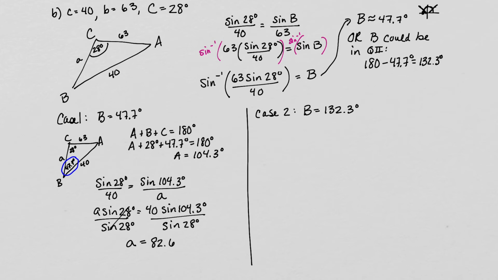So that's one of my answers, right? One of my answers is capital B is 47.7, capital A is 104.3, lowercase a is 82.6. Those were the three things that were missing in the original problem, and so I found them. So that's one of my answers.